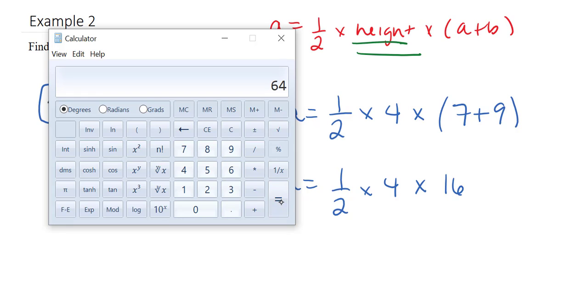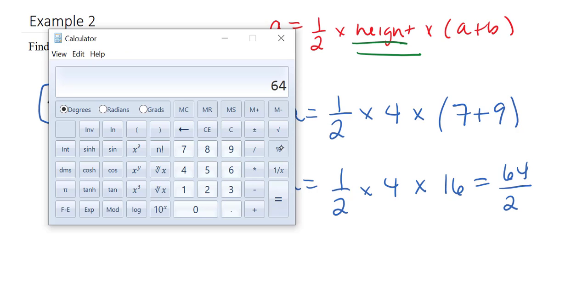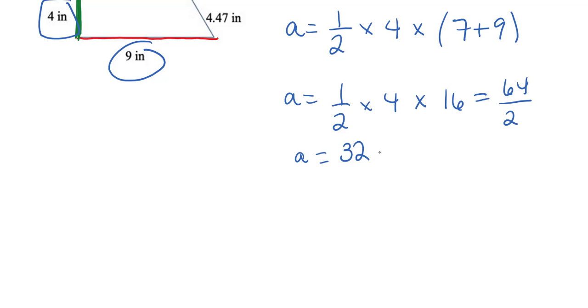And then we can multiply it by 1, but that just means we're going to end up with 64 again. And then, since we have 64 on top, and we have 2 on the bottom, we can just divide by 2, because that's what we can look at the fraction bar as. So 64 divided by 2 is 32, and that would be in, once again, inches squared.